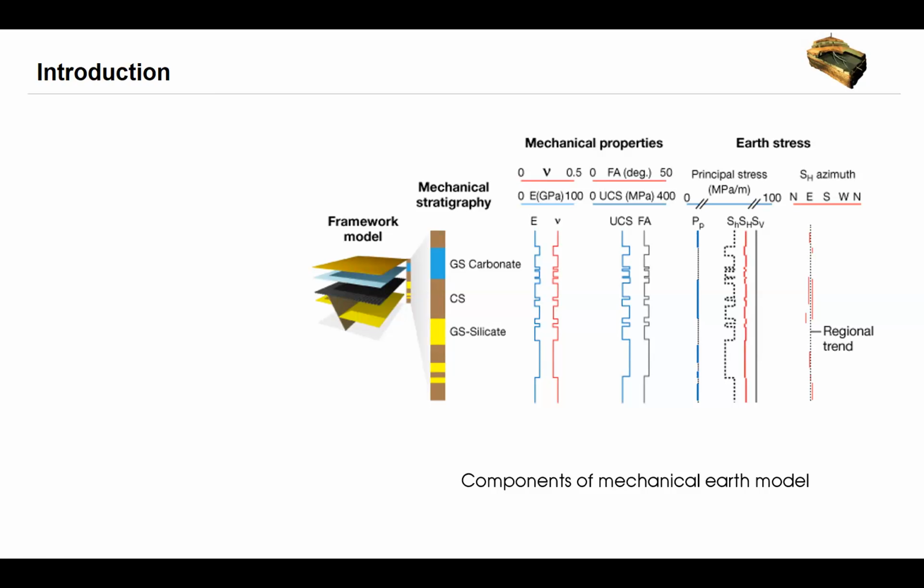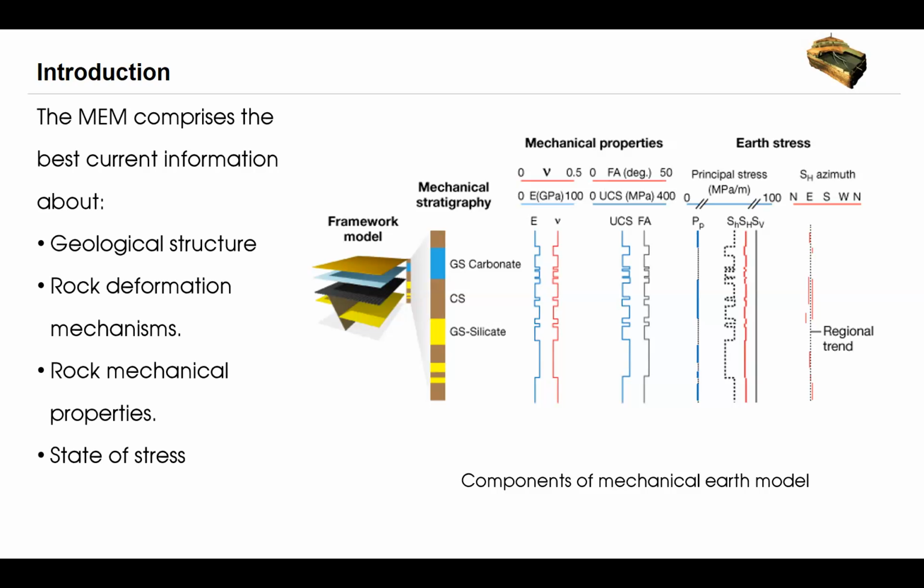So the mechanical earth model comprises the best current information about our geological structure, meaning the tectonic setting of nowadays and paleo structures, rock deformation mechanisms, also the rock mechanical properties, and the state of stress. When we talk about the state of stress, we have a lot of states of stress in our setting.